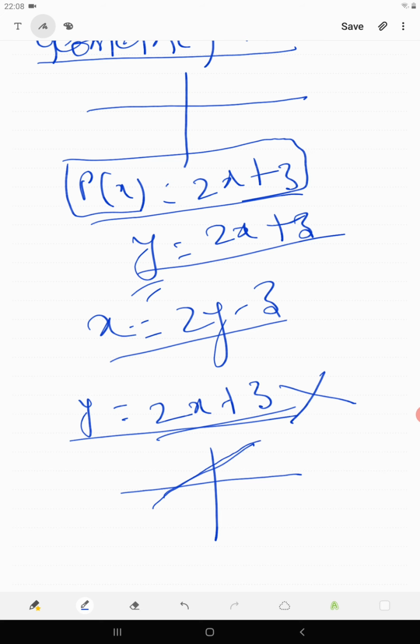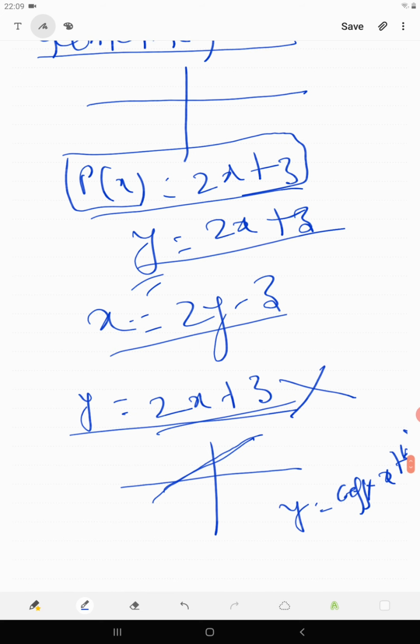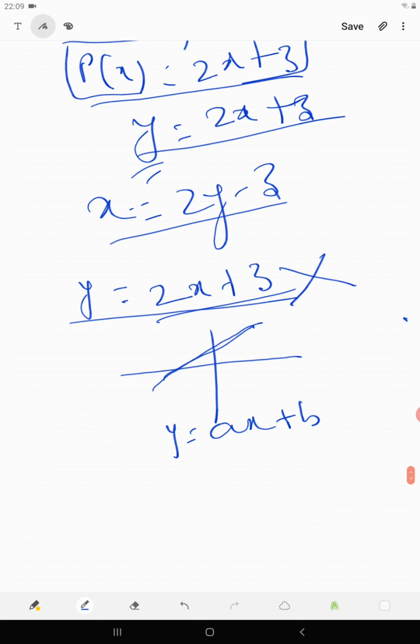What I am telling you is, if we have a graph like this and we are asked for the number of 0s, by looking at the graph you find the number of 0s. So check if it is y equals some coefficient into x plus some constant, suppose ax plus b.